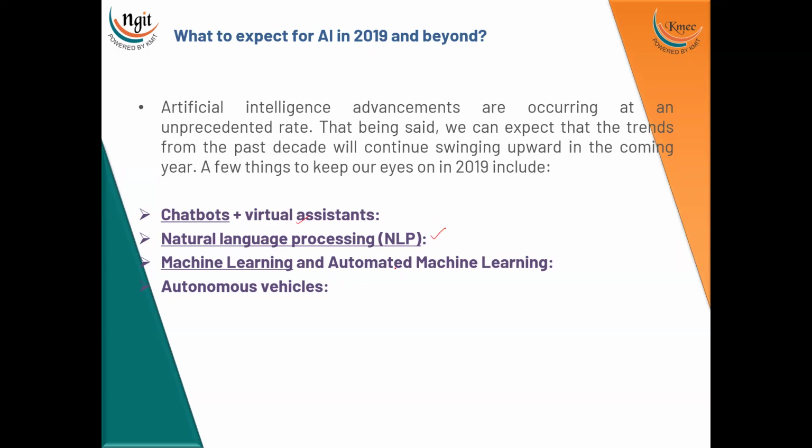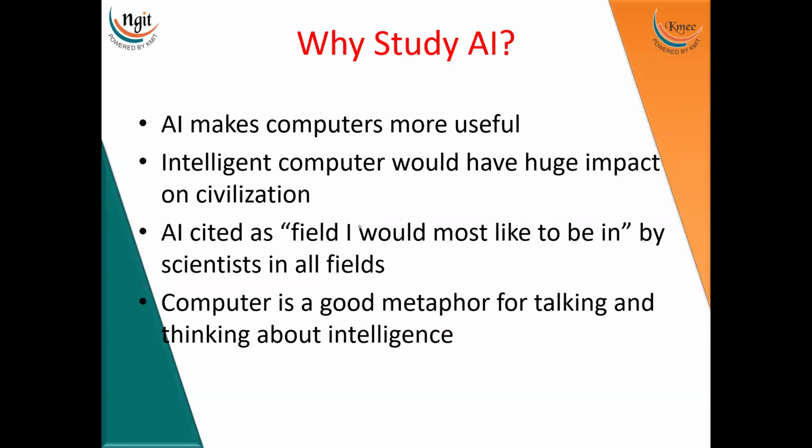And machine learning, we know automated machine learning, and nowadays very famous is autonomous vehicles. So these are some of the advancements made starting from 1915 to date, and it's just going on.